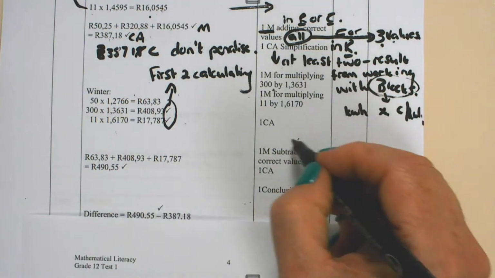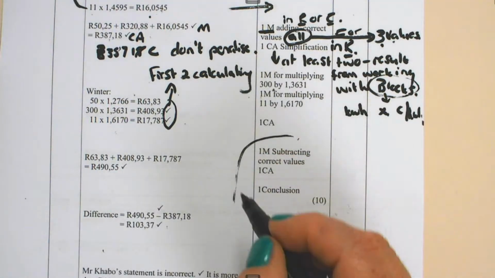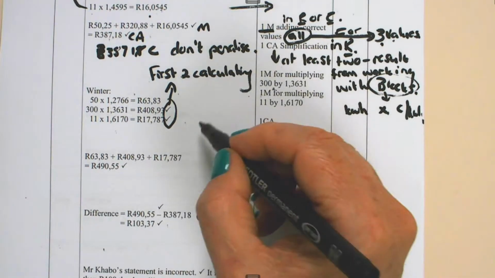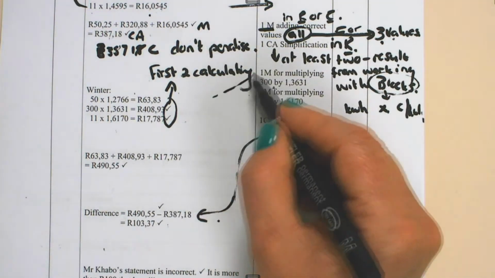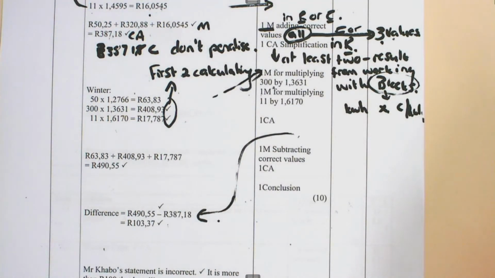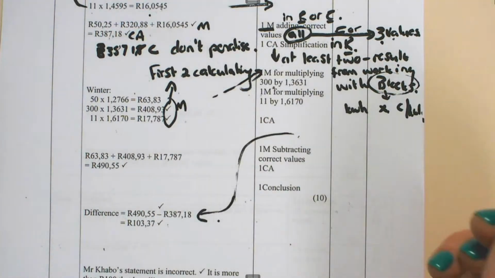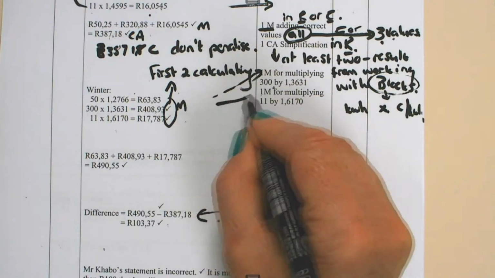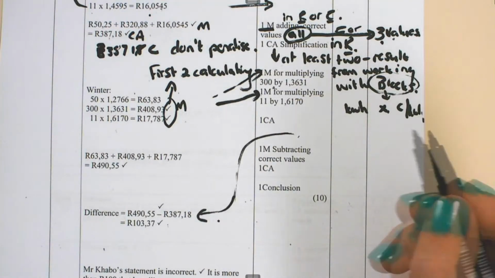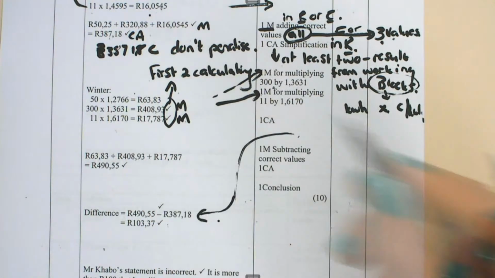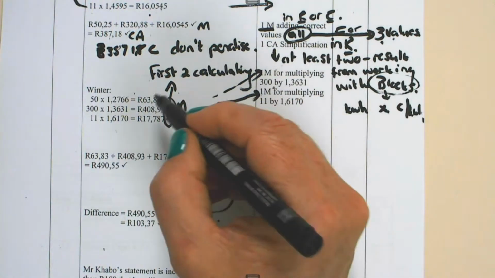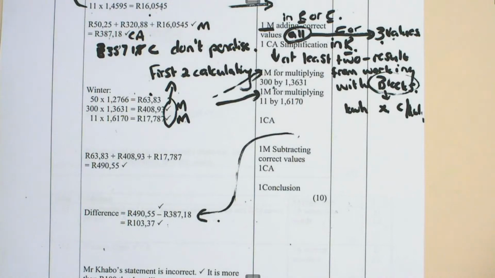Please note that what is following is only applicable to what comes here. What is here stands there. There is 1 mark for multiplying 300 by 1361, or for the first correct block. Then there is 1 mark for multiplying by 1,6. It's a method mark. It doesn't matter.